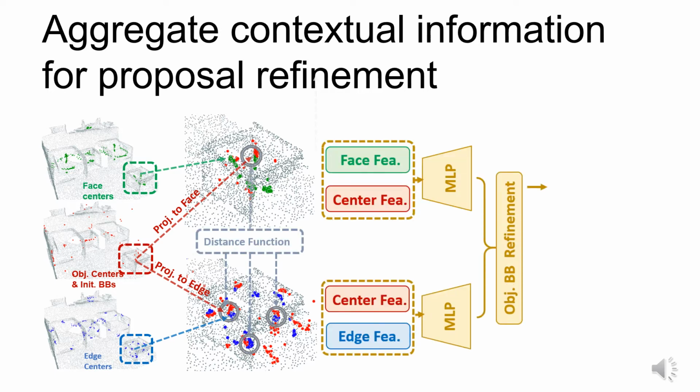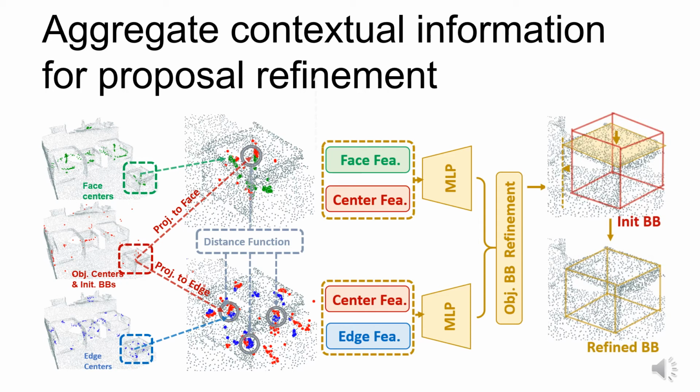Within a range, we can find its matching geometric primitives and connect them with the distance function. We then apply the refinement module. It aggregates features associated with these geometric primitives, which contain contextual information to refine the box parameters.